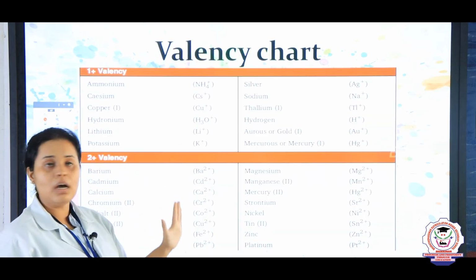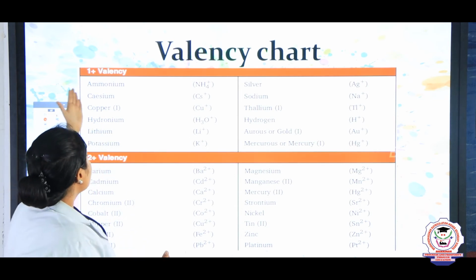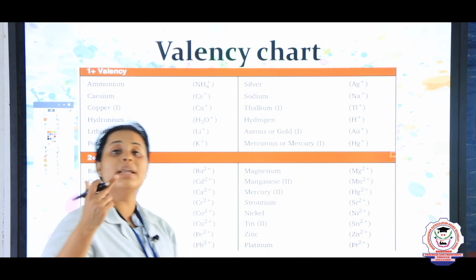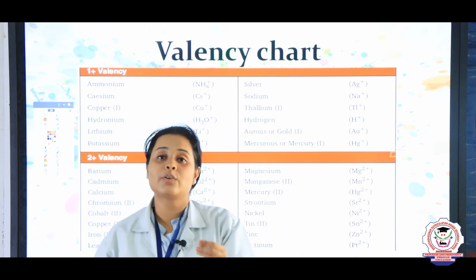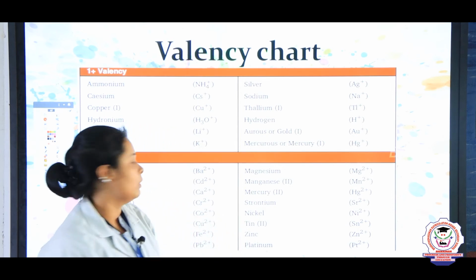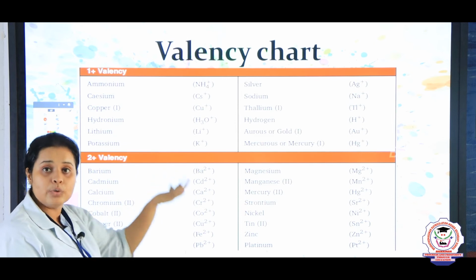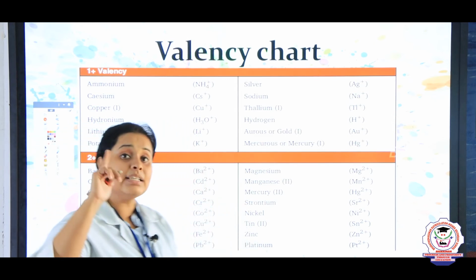Same way, this is a valency chart. Here in this valency chart you can see valency 1, valency 2. Valency 1 denotes that 1 electron has been removed. Valency 2 shows that 2 electrons have been removed. Here ammonium, cesium, copper, hydronium are elements having a 1+ charge.